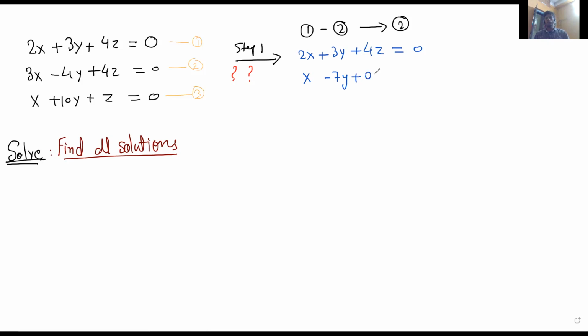I'm just writing 0z. You see, you had one system of equations, and now you have a different system of equations, right? Now I need to guarantee that they have the same solutions.